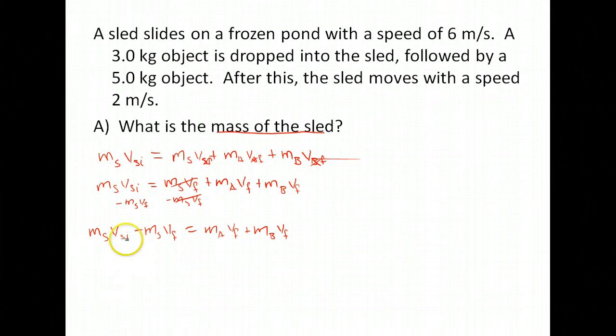All right, so now I need to factor out the mass of the sled. So that's going to leave me with the initial velocity of the sled minus the final velocity. And then we have the other components here.